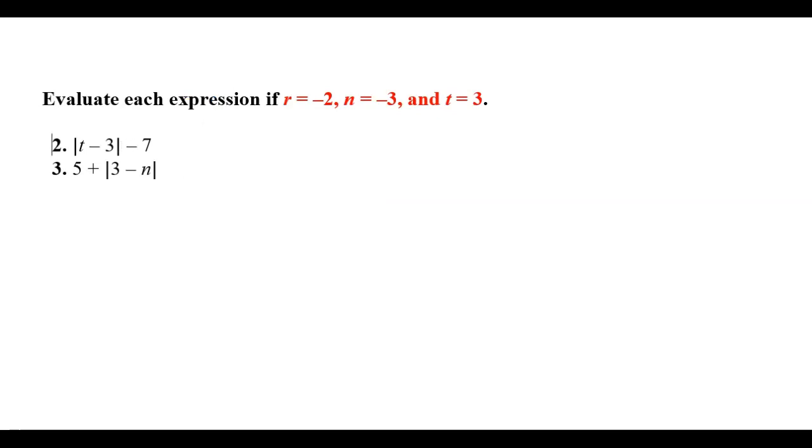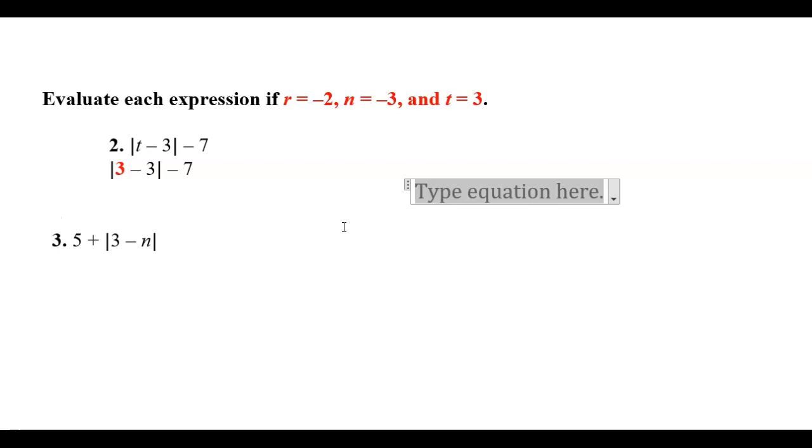Similarly, in example number 2, we have the absolute value of t minus 3, minus 7. Once again, we're going to take our equation and replace the variable with the value given. So we replace t with 3. I get the absolute value of 3 minus 3, minus 7.